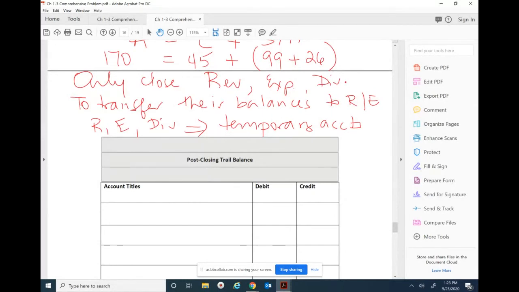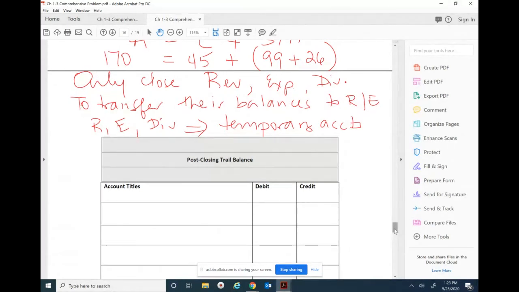Again, we don't have dividends here, but we do have revenues and expenses. So remember, revenues, expenses, and dividends are called temporary accounts. They need to be zeroed out. Everything else stays open. All the balance sheet accounts stay open. We call those permanent accounts.